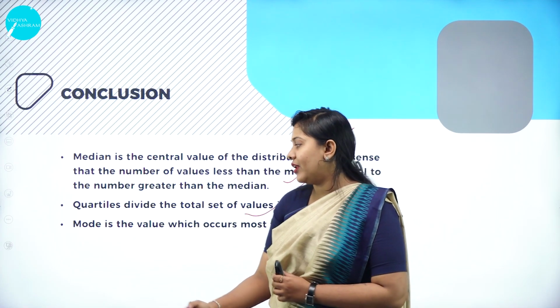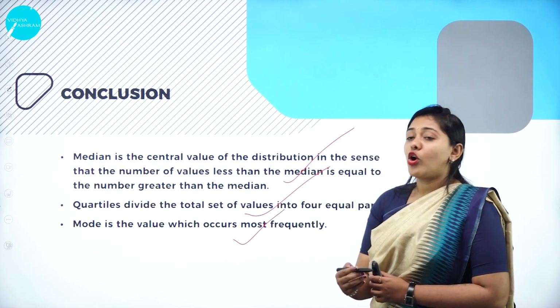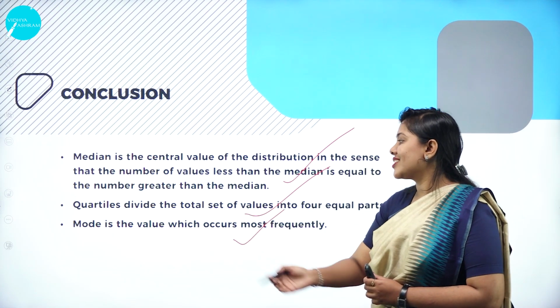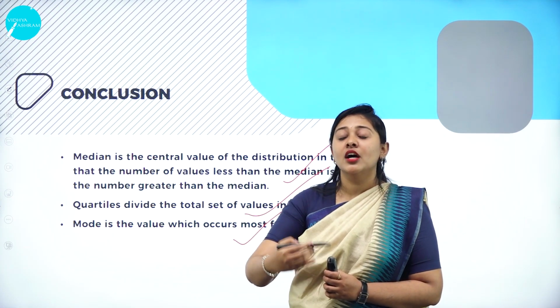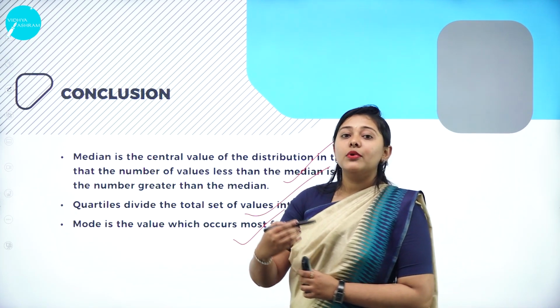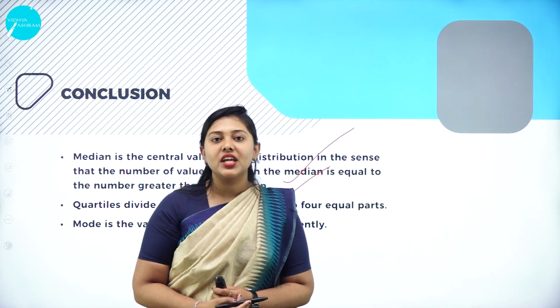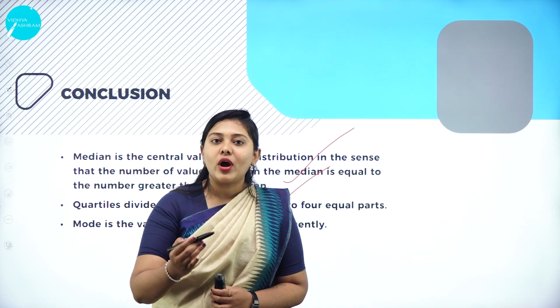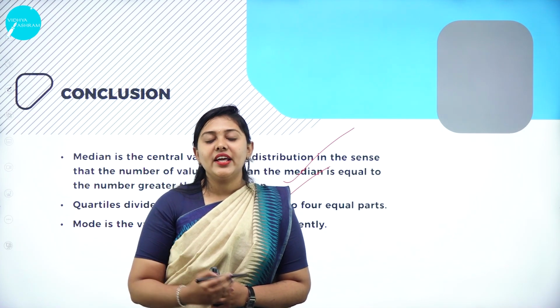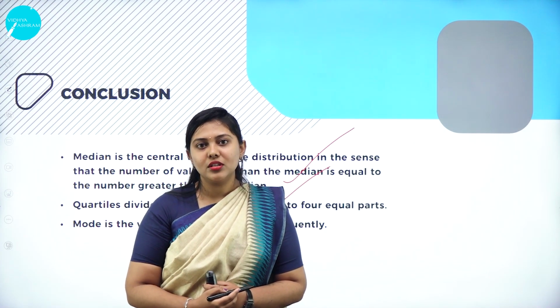We have also discussed one problem. And in today's class we have also discussed what is mode. Mode is nothing but the value which occurs most frequently, the number which repeats in a given set of data. Under individual series and continuous series we have solved the problem.